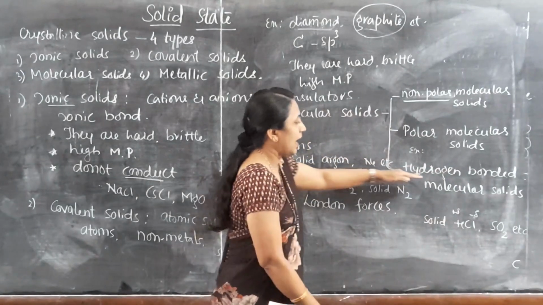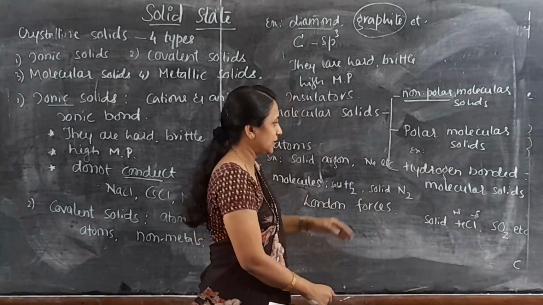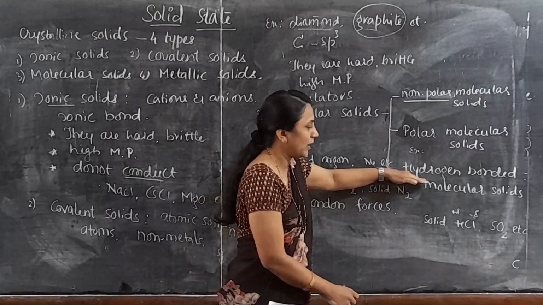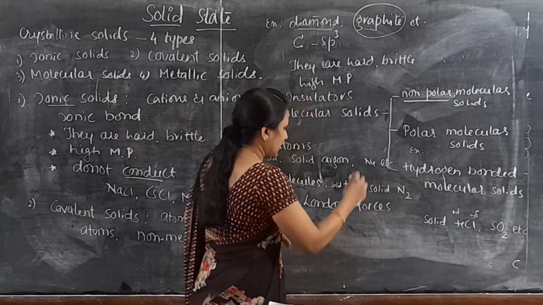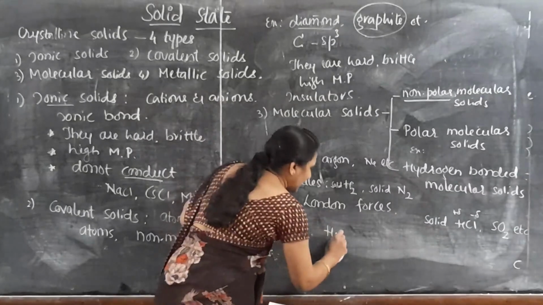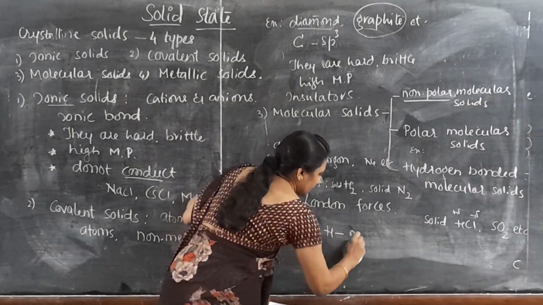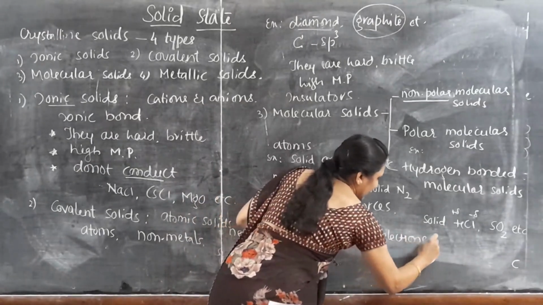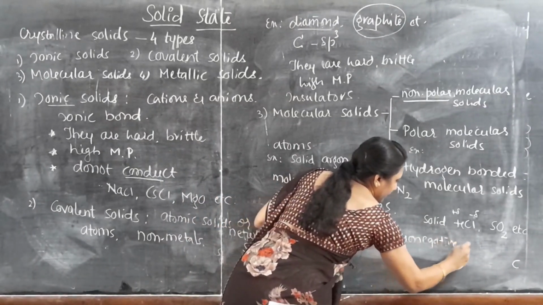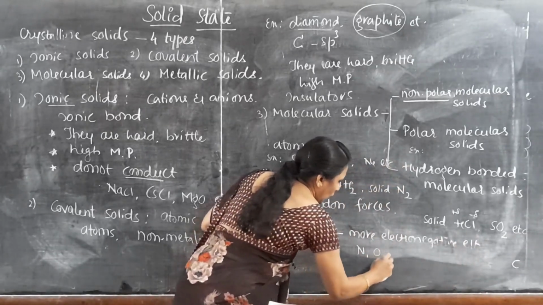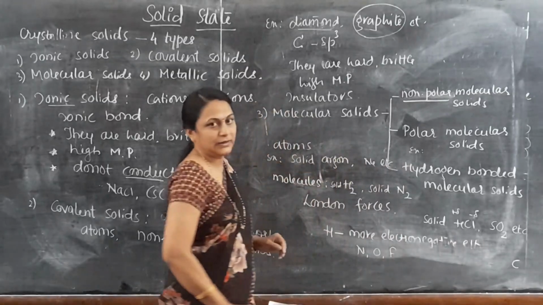And the next one, hydrogen bonded molecular solids. Here the molecules are bonded by covalent bonds, where hydrogen is bonded to more electronegative elements like nitrogen, oxygen or fluorine.